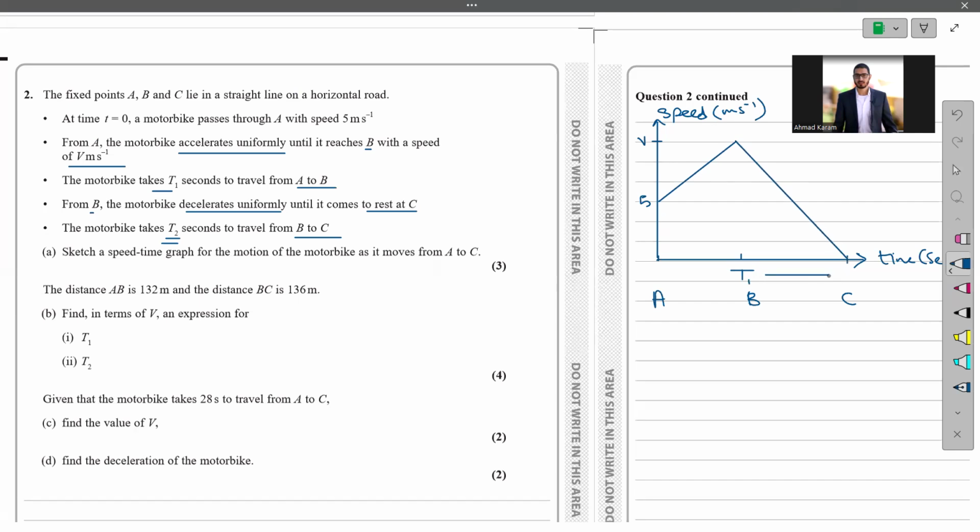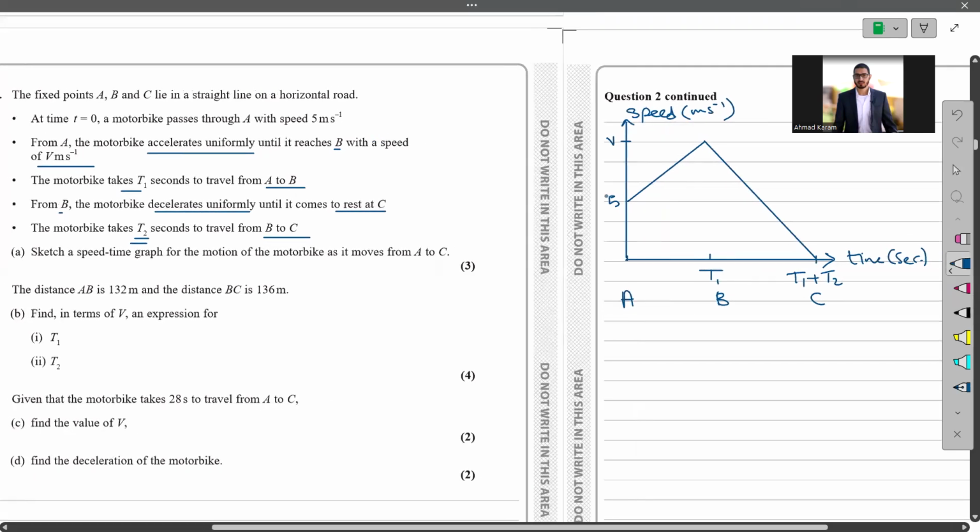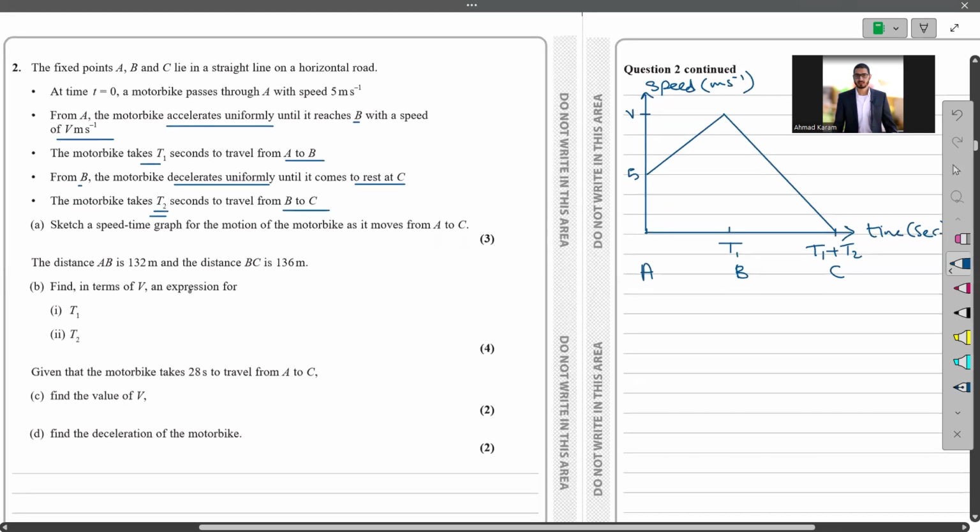The difference here is t2, so I can write here t1 plus t2. Okay, so this is the drawing of the sketch.